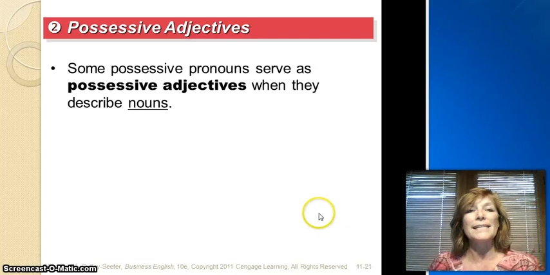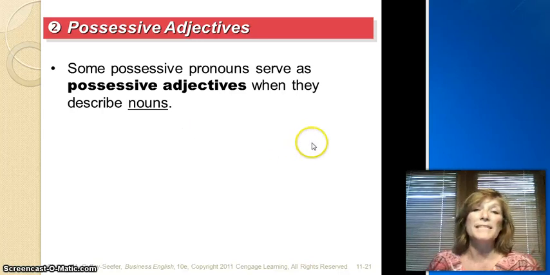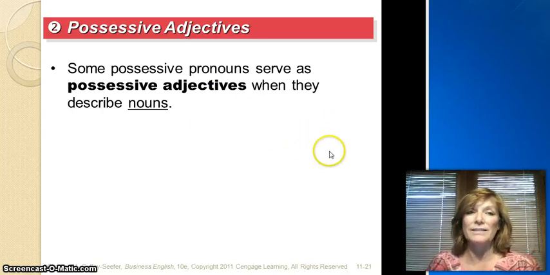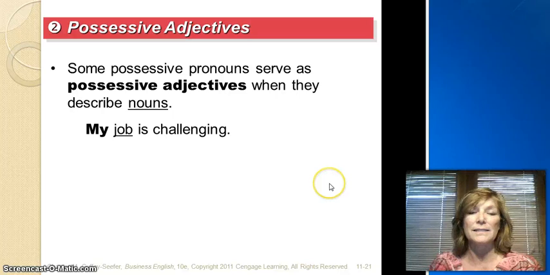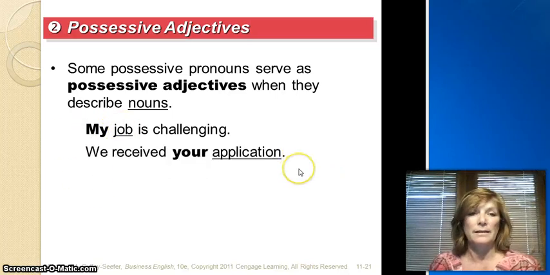And then possessive adjectives, some possessive pronouns serve as possessive adjectives when they describe nouns. For instance, my job. Whose job is it? It's mine. We received your application. Whose application is it? It's yours. So these are pronouns, but they are operating here as possessive adjectives.